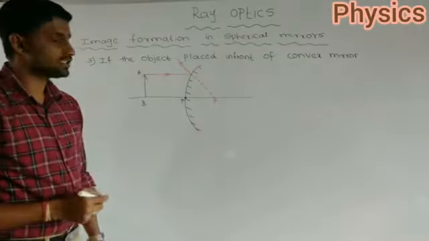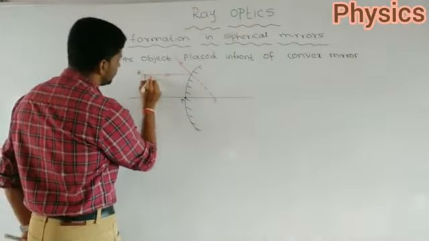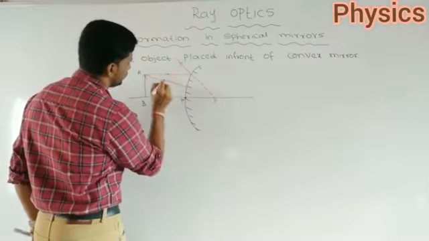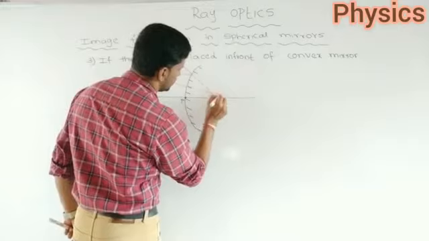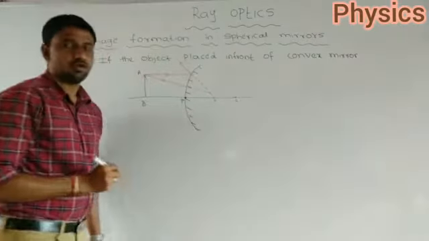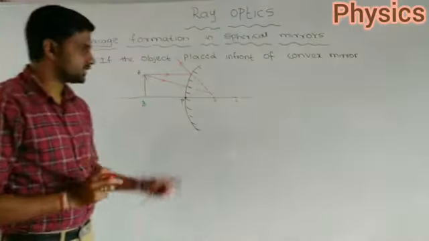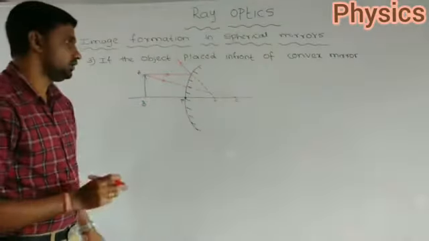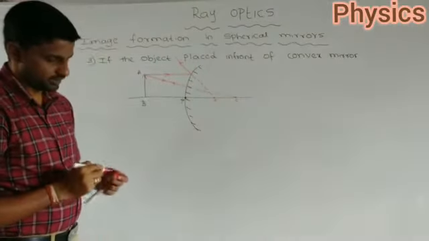Now I am going to make incident another ray of light which is passing through the center. Okay, exactly passing through the center. If I extend this one, it appears to pass through the center of the convex mirror. We know that if I make a ray of light incident exactly at the center of the mirror, then it retraces its path after reflection.